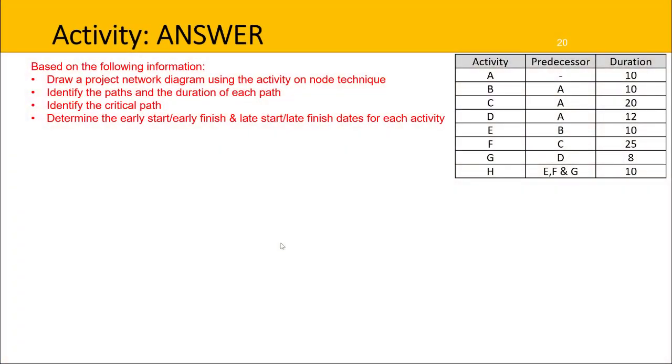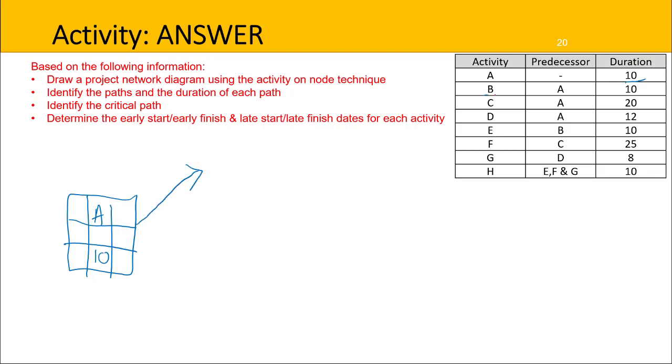So let's work through the answer to this activity. Our first point is to draw a project network diagram using the activity on node technique. So first, following our table, we have activity A, and it goes for a duration of 10.